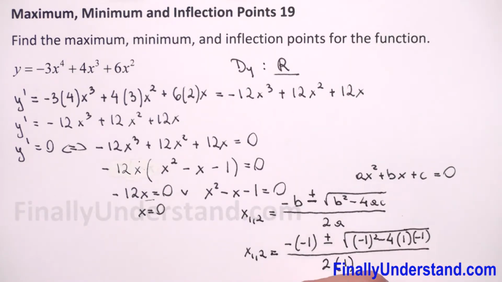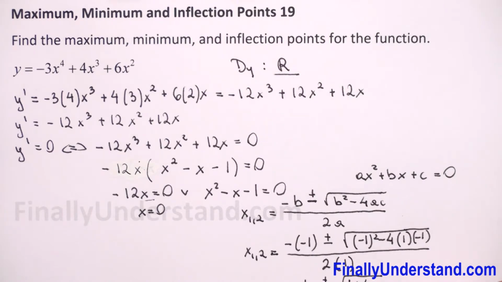So x1,2 is equal to, negative and negative is positive, 1 plus or minus the square root of negative 1 to the second power, which is 1, negative and negative give us positive, plus 4, over 2.